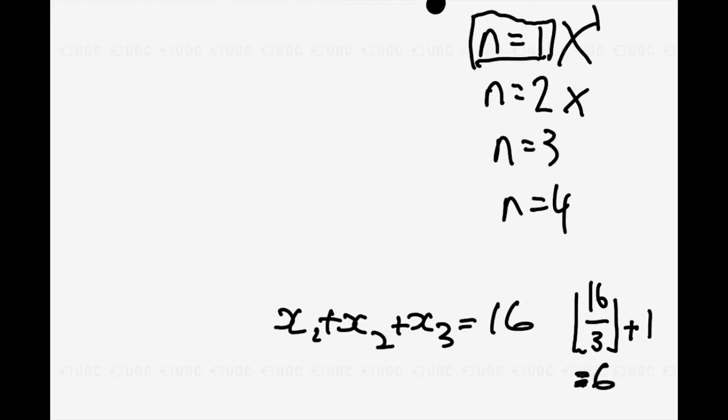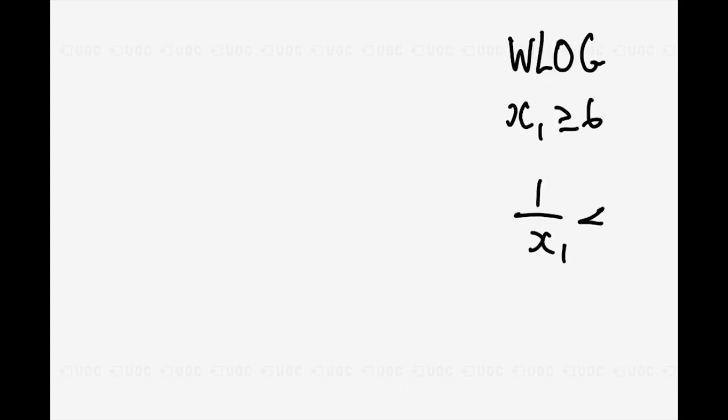So we can say that one of x1, x2, x3 is greater than or equal to 6. So without loss of generality, let's assume that x1 is greater than or equal to 6. So it means 1 over x1 is less than or equal to 1 over 6.